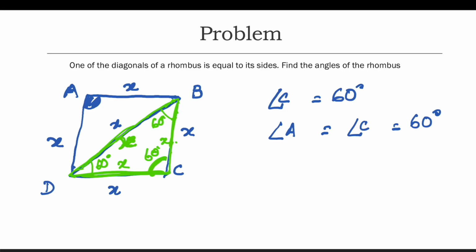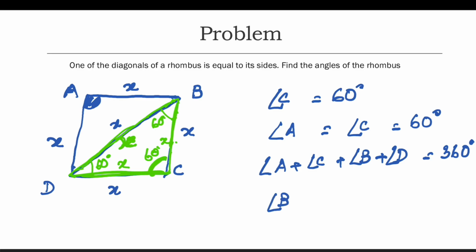This is angle A. Now angle A plus C plus B plus D is equal to 360. So angle B plus angle D would be equal to 360 minus 60 minus 60, 240.